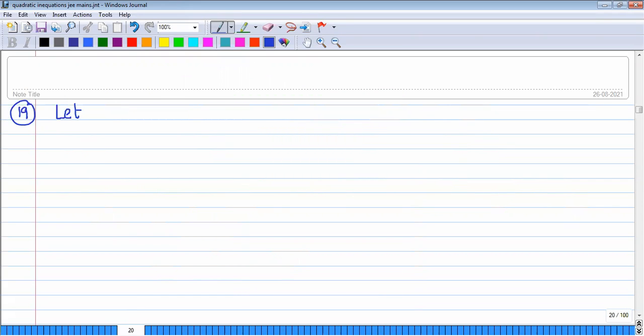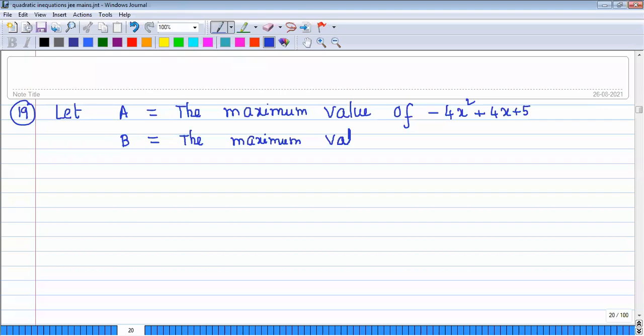Let A equal the maximum value of 8x minus x square. C equals the maximum value of minus x square plus 4x plus 4.